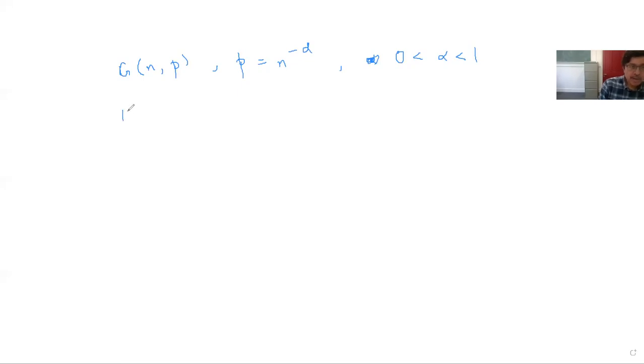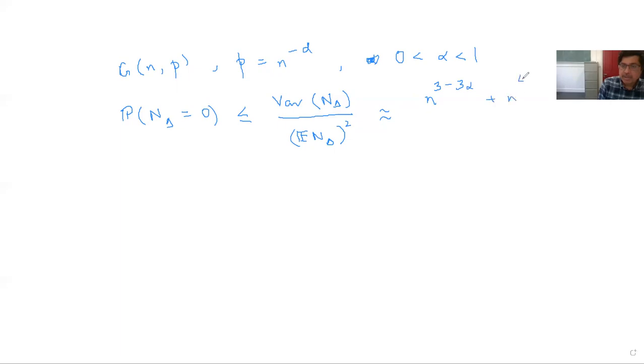And so what we have is the probability of seeing no triangles is bounded above by the variance of the number of triangles divided by the square of the mean. We calculated the variance. This was approximately n to the 3 minus 3 alpha plus n to the 4 minus 5 alpha.